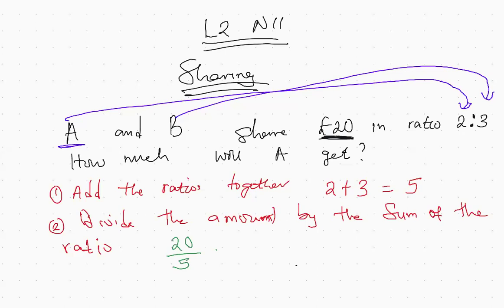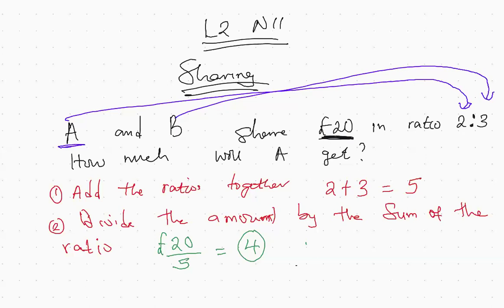So that means that 4 is the multiplier. You now use the 4, the answer you get, to multiply each ratio, 2:3.